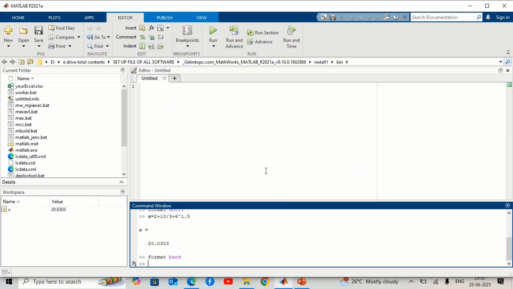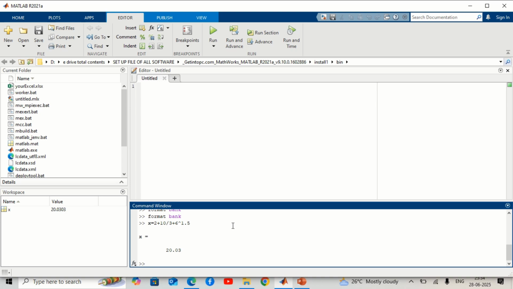When we write the format bank command and press enter, and again we write the same expression, that is x equal to 2 plus 10 divided by 3 plus 6 to the power 1.5 and press enter, we get the value x equal to 20.3.